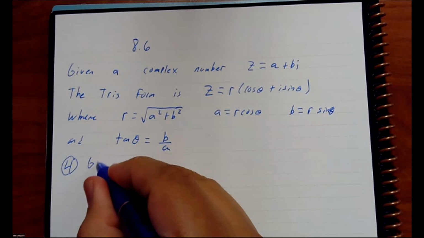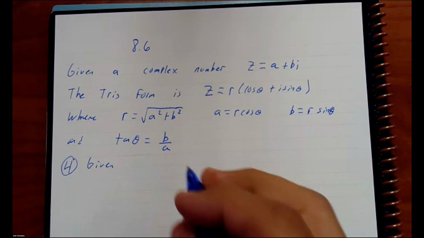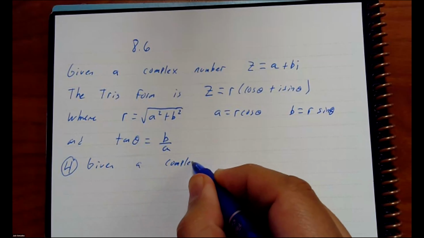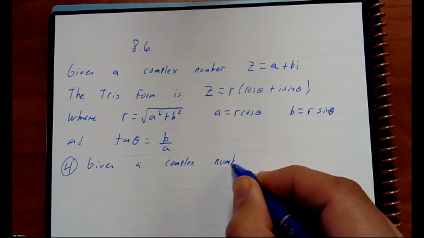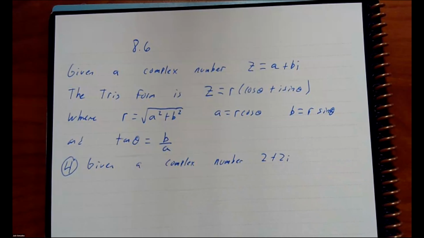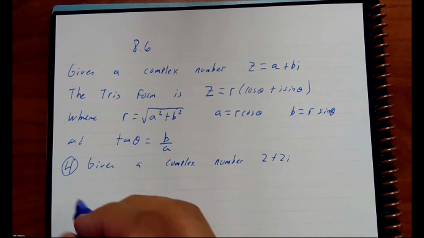So given a complex number 2 plus 2i. Change it to trig form. So we want to change it to this. So we need the r and we need the theta, and we'll be good. So first find r.